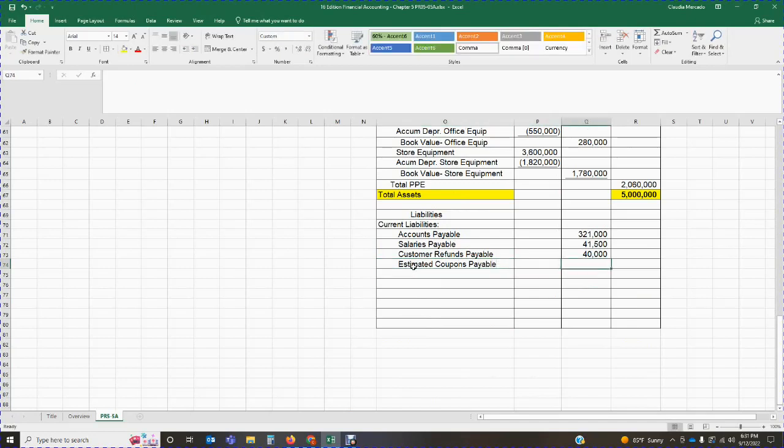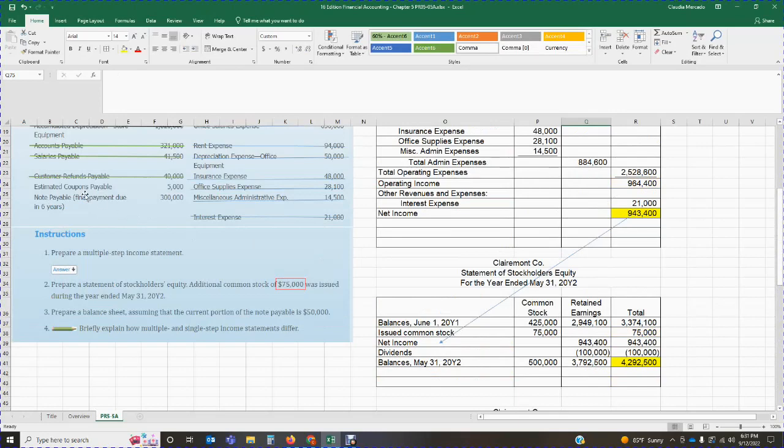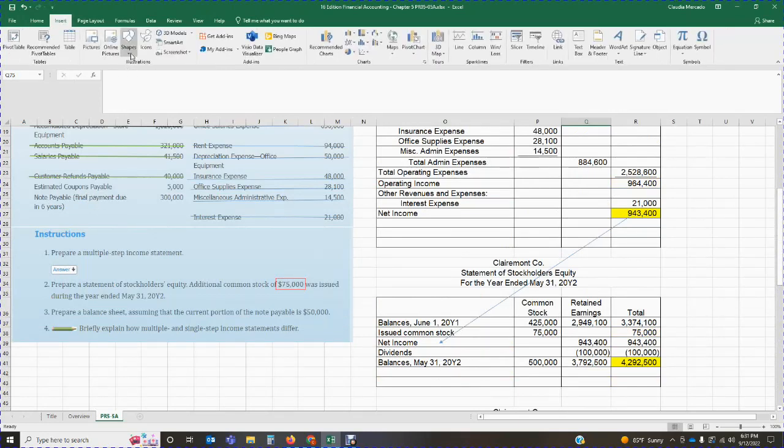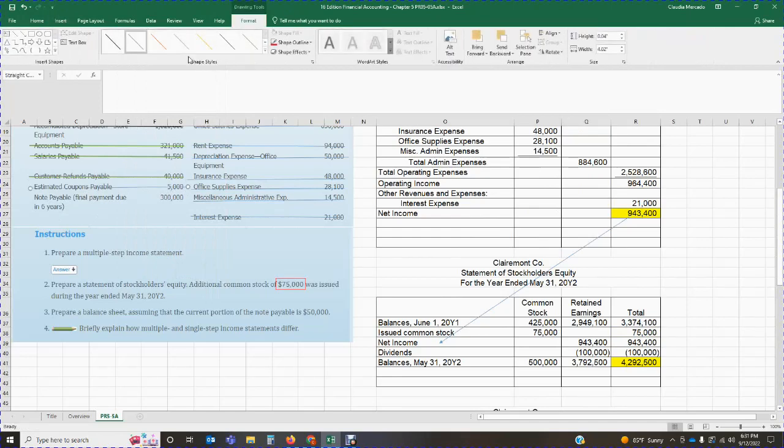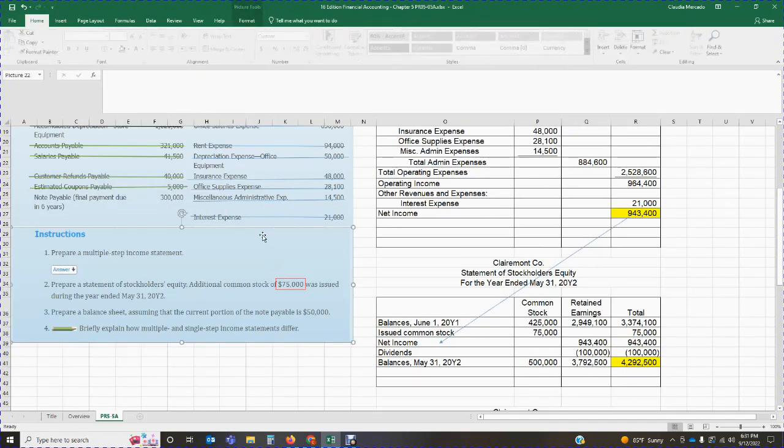The amount of my estimated coupons payable is $5,000. So we have a total of $5,000 in estimated coupons payable. So we're going to go ahead and add that to our liability section. So there we go.